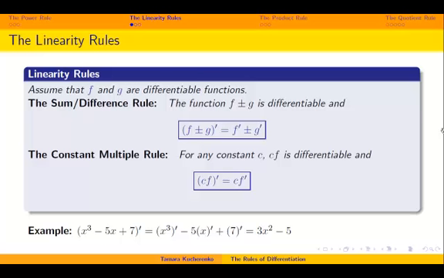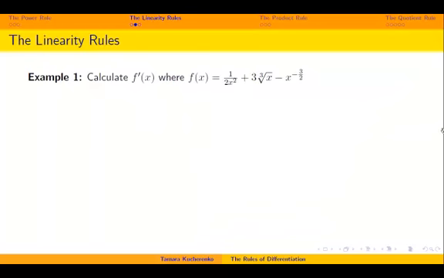We will go over a couple more examples. Let's calculate f prime of x, where f of x is 1 over 2x squared plus 3 cubic root of x minus x to the power negative 3 halves.